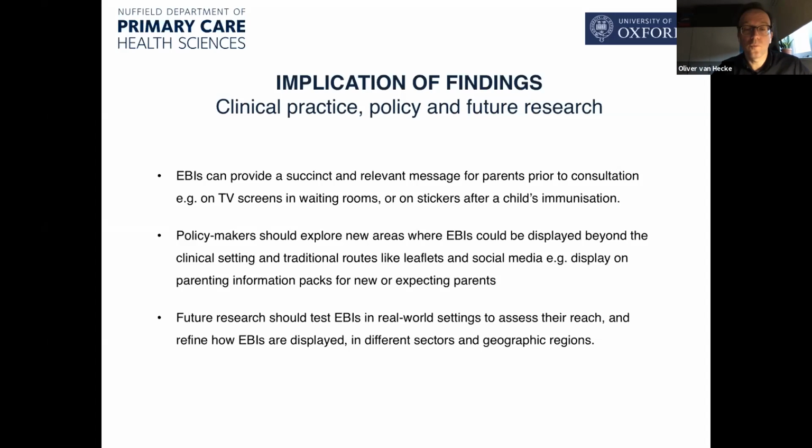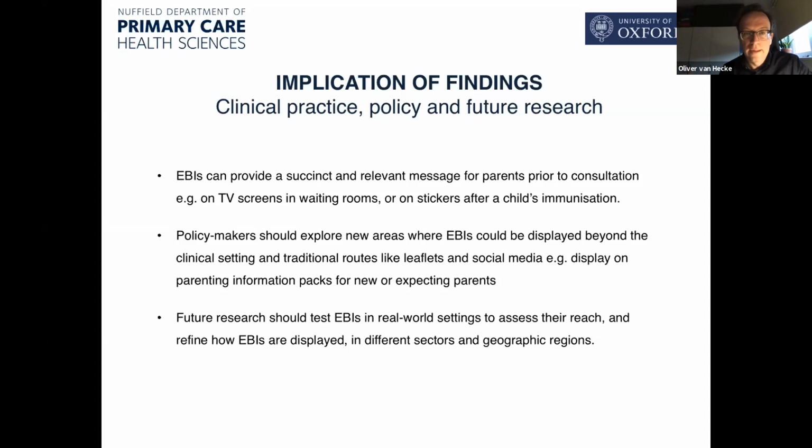So what does it all mean? Well, this proof of concept study provides some insight that the concept of an evidence-based infographic can provide a succinct and relevant message for parents prior to consultation.